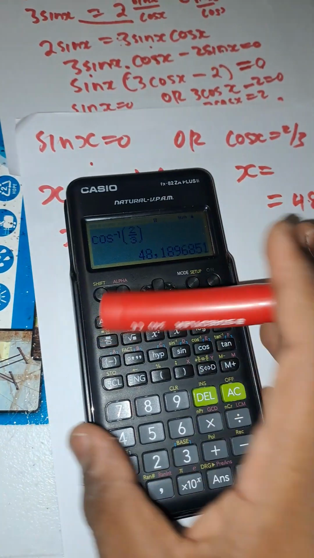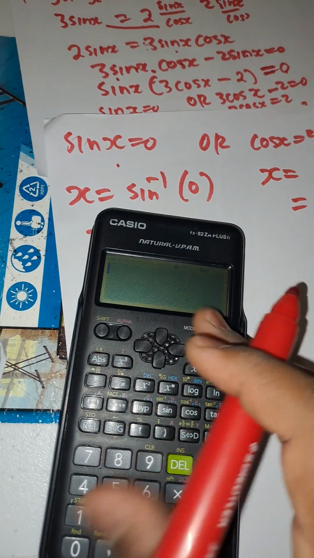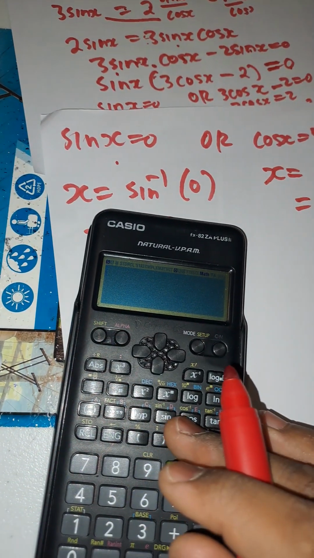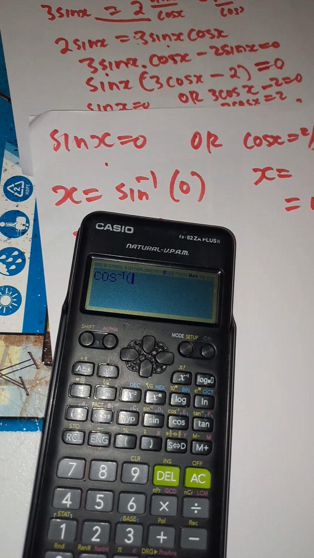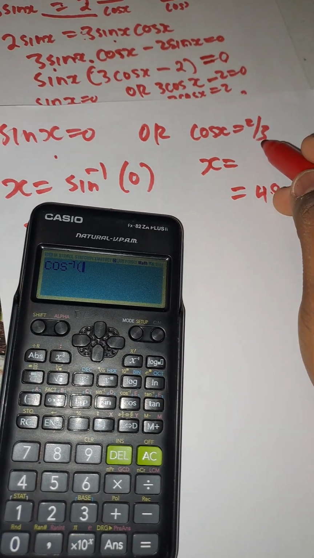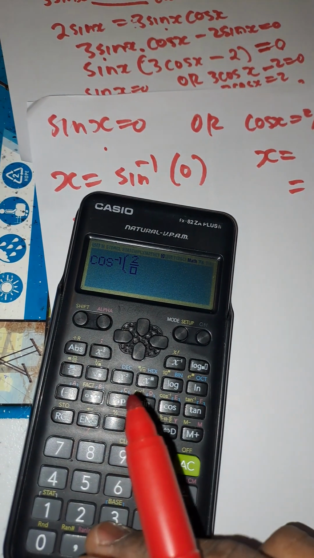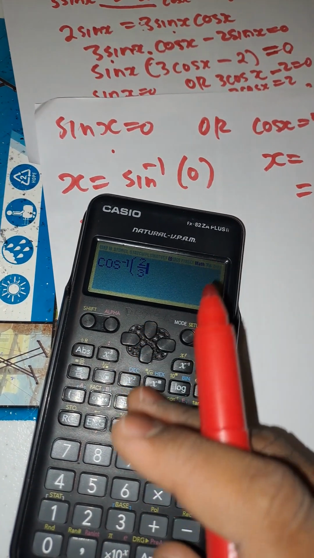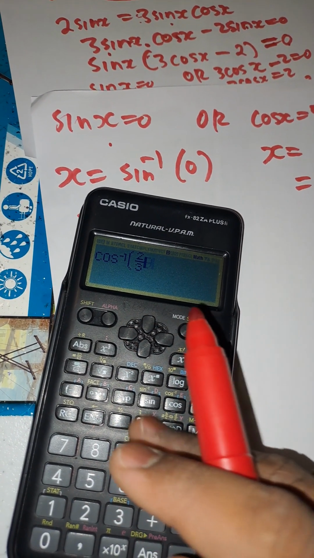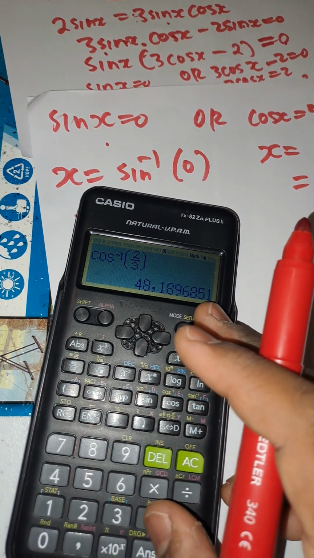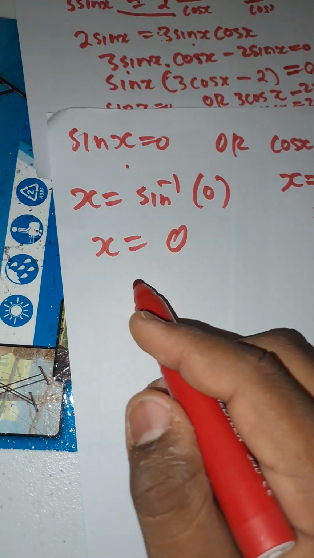If you want your angle that is given, you simply press shift and then cos, and since my cos is equal to 2 over 3, I put 2 over 3 here, close my bracket please, sorry. I get that angle.